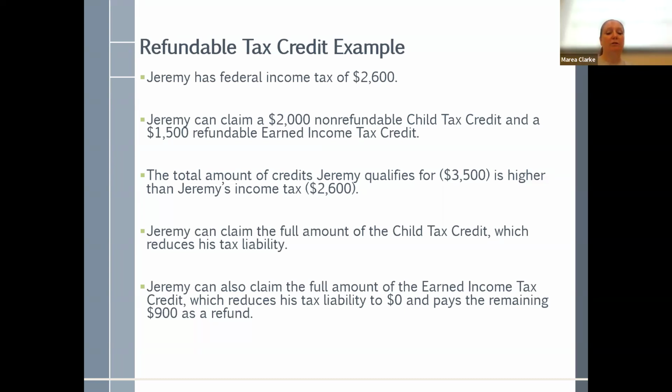Then he applies that earned income tax credit, takes that 600 down to zero, and then pays him the rest, the $900 in cash is what he gets back. And the earned income tax credit can be a very valuable, very important credit for many low to moderate income families and individuals.